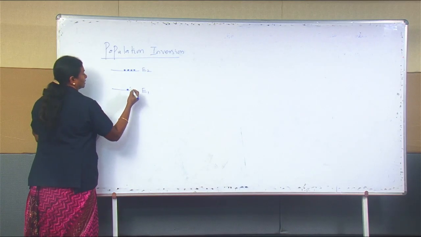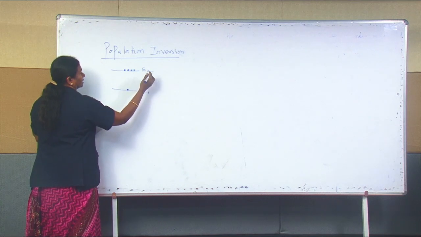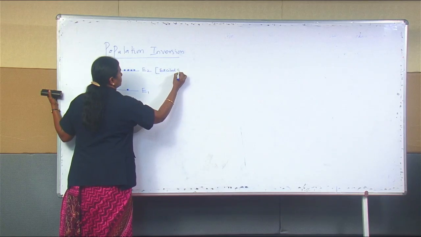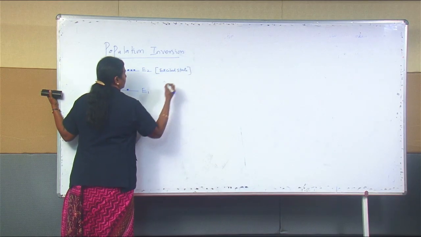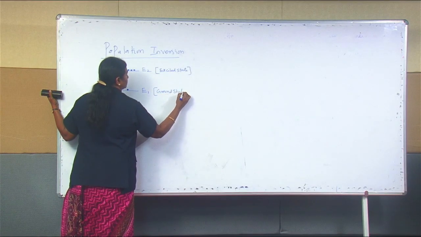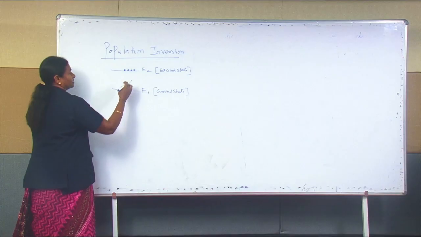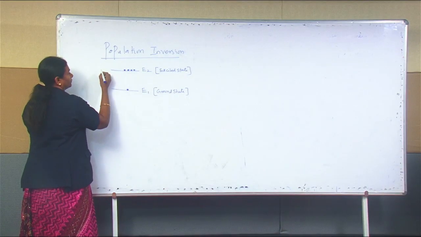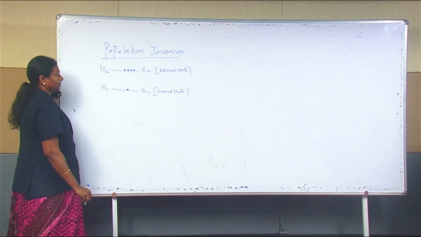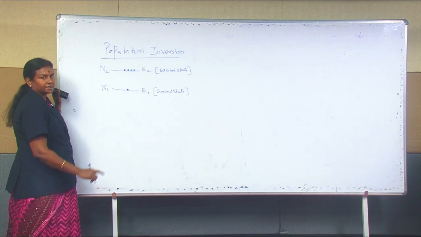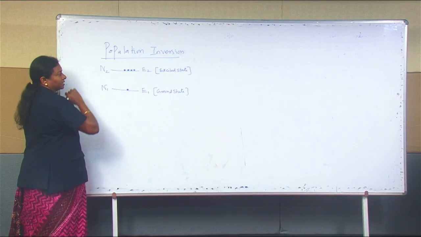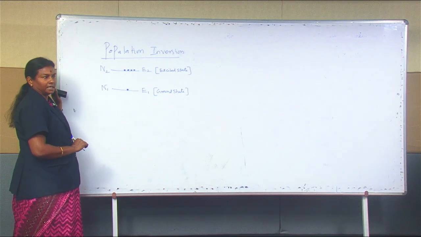Okay. So, this is nothing but the higher energy state, or we can say it as the excited state, and this is our ground state. Here also we can mention it as N1 and N2. N1 is the number of atoms in the ground state, whereas N2 is the number of atoms in the excited state.